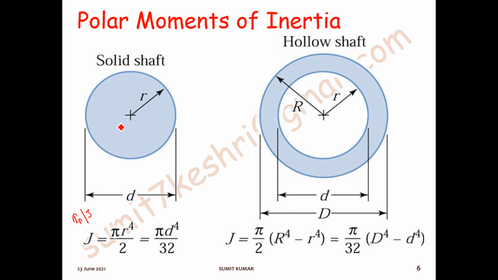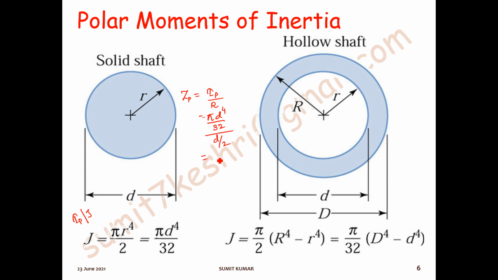The formula for a solid shaft is pi d4 by 32, and for a hollow shaft it is pi by 32 into D4 minus small d4, where small d is the internal diameter. If you wish to write ZP for a solid shaft, the formula for ZP is IP by R, which is pi d4 by 32 divided by R, where R means diameter by 2.